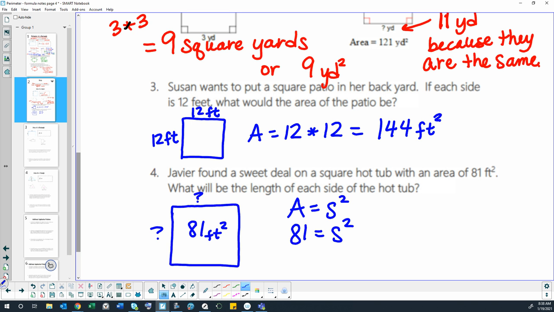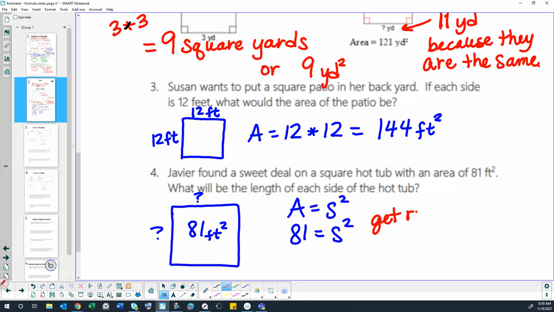Do you guys know how to get rid of a square in an algebra problem, so all you have left is an answer that's not squared? There's a certain math operation we use to get rid of squares, the opposite of squares. It's called a square root.